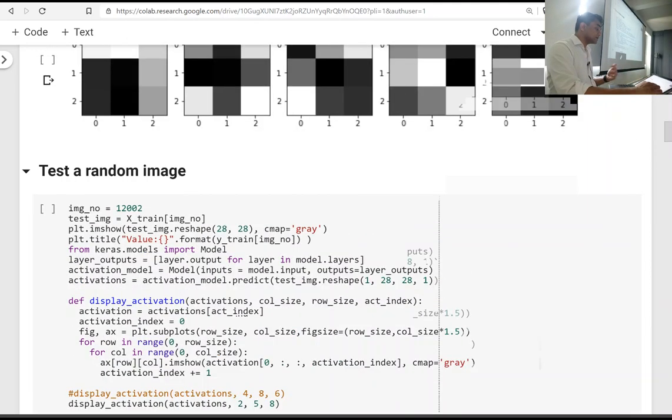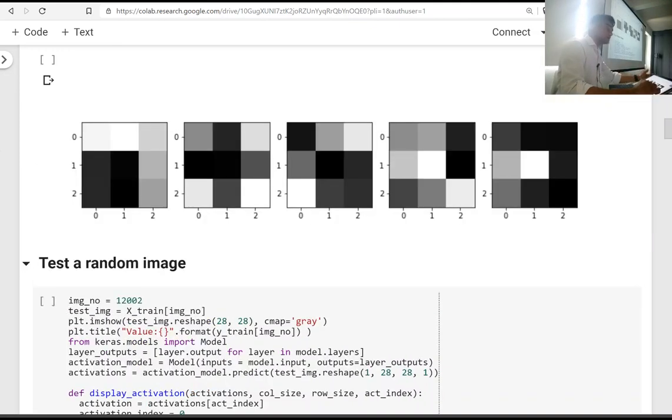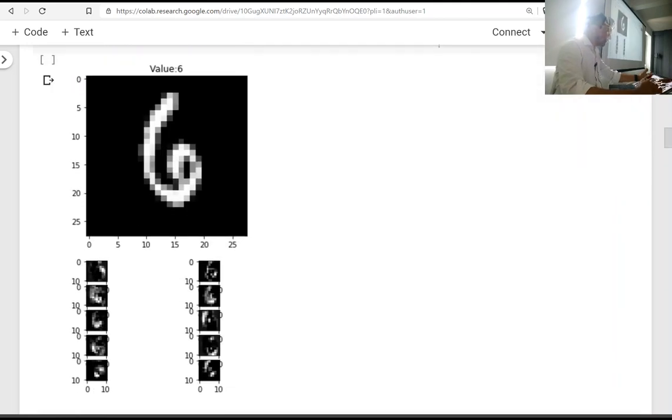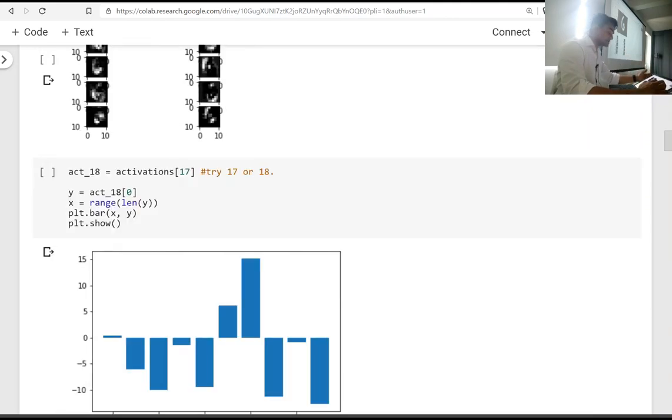You can look at a particular channel. You can actually look at the kernels also. So if you want to figure out how to look at the kernel of a particular layer, you can go back and check. But your kernel is going to look like this. It's a 3x3. A 3x3 kernel is going to look like a 3x3, so you cannot expect anything beautiful out of it. What you can do, however, is use that kernel on top of an image, and that is going to tell you how your image looks, or what exactly your kernel is extracting.